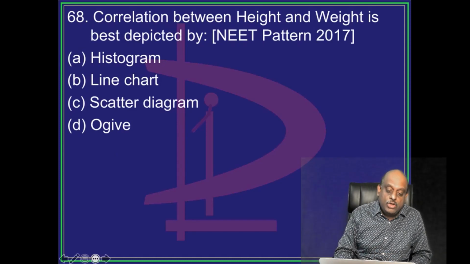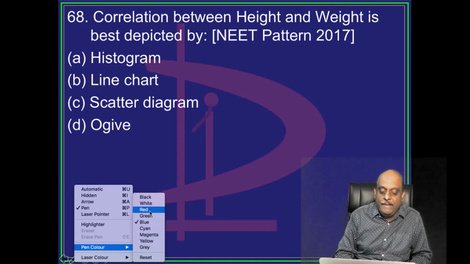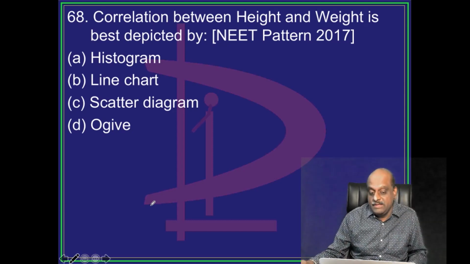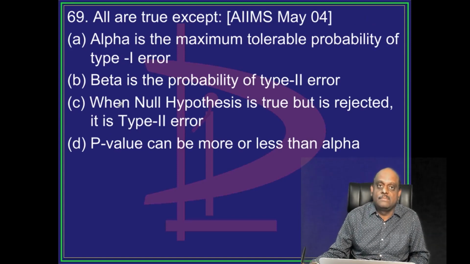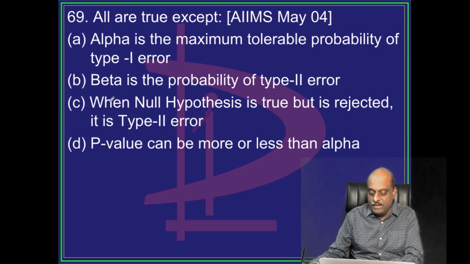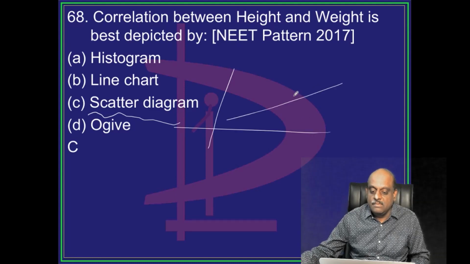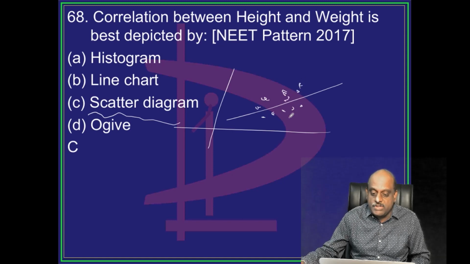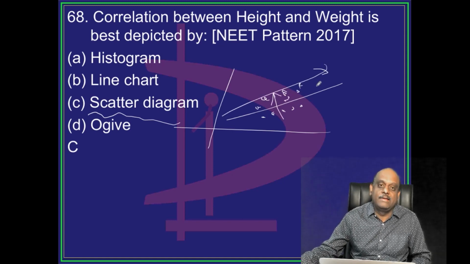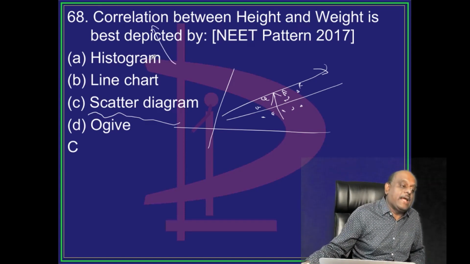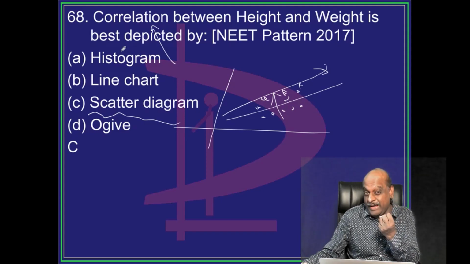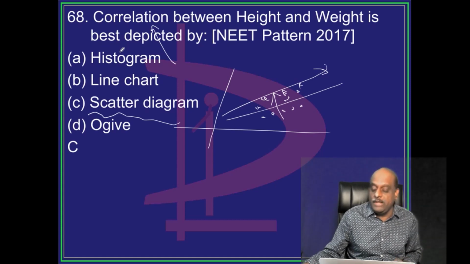Now doctor, the correlation between height and weight, how do you depict it? Always it is a scatter diagram. इसके पहले भी discuss किया इसके बारे में. Scatter diagram. So are the dots going in the same trend closer to the center, that is being assessed by the scatter diagram, where you can calculate the correlation. Correlation strong हो रहा है, negative correlation है, positive correlation है, you can make it out in scatter diagram.